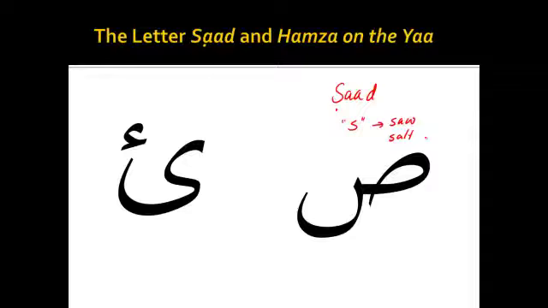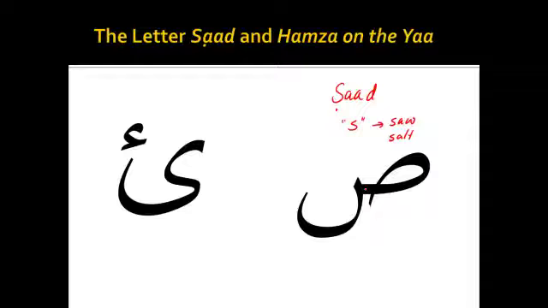And so this S is different than the S which is like the S in seen. We learned the letter seen before in the Arabic letter seen. So this is the Arabic letter Saad. And so what's the difference in pronunciation between these two letters? The S in seen or the S in Saad?